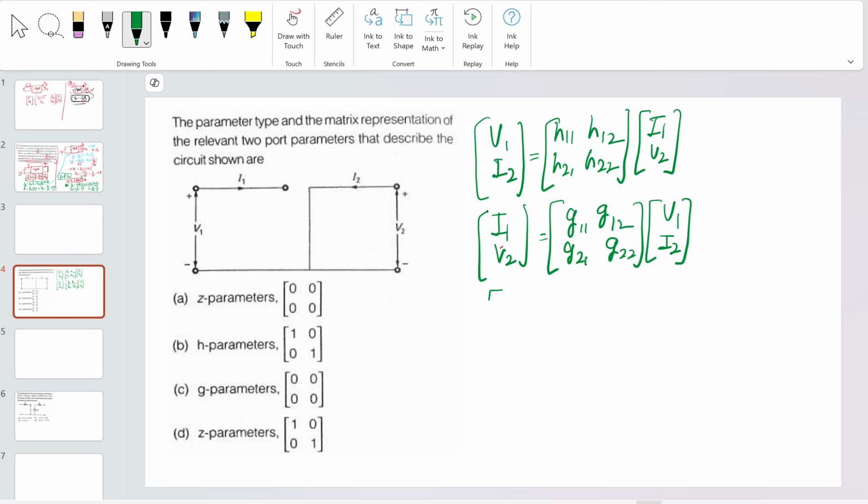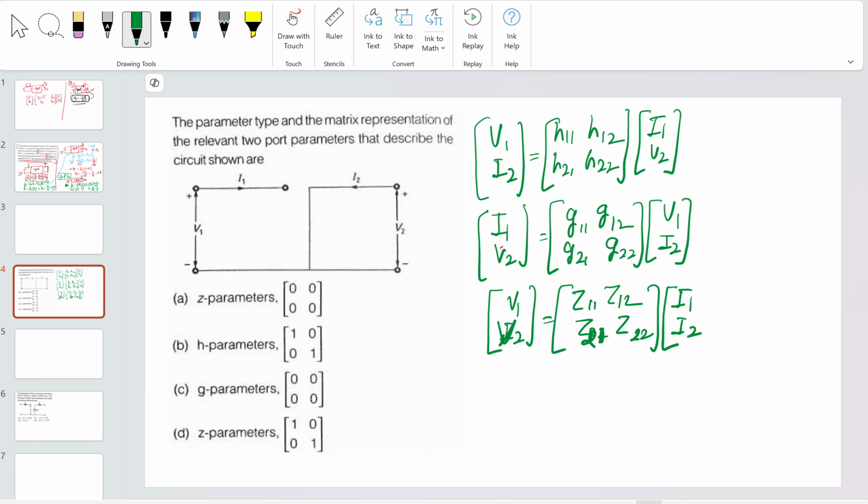And you already know the Z: [V1; V2] is equal to [Z11 Z12; Z21 Z22] times [I1; I2]. Okay, let me know which option is actually correct.